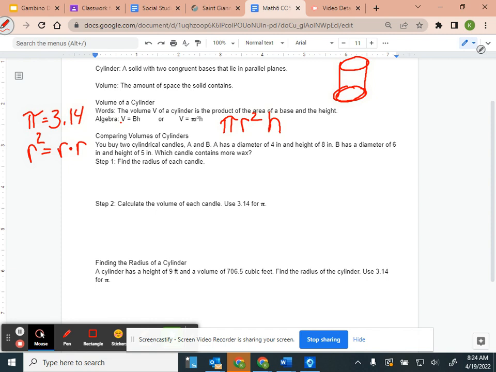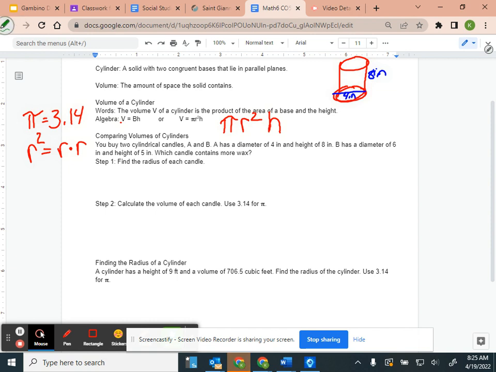So let's see if we can work through one of these problems. You buy two cylindrical candles, A and B. A has a diameter of 4 inches and a height of 8 inches. So if we were to use this as our candle A, it has a diameter of 4 inches and a height of 8 inches.